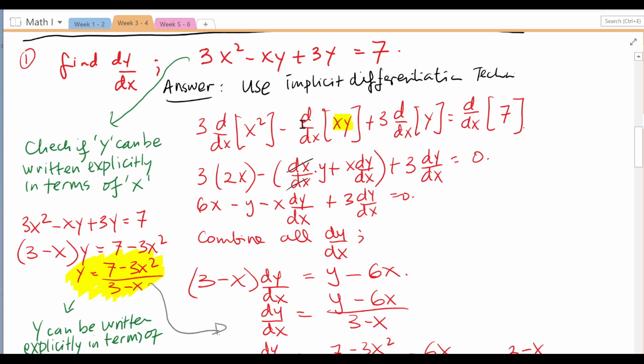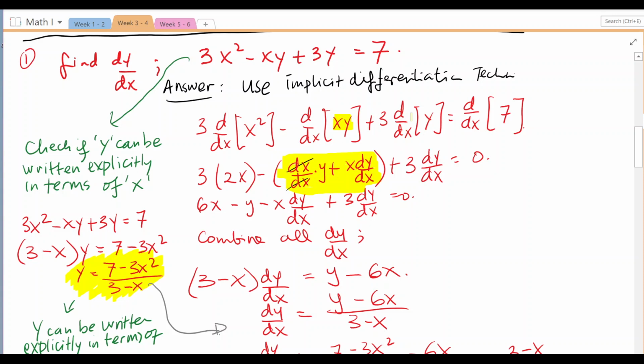6x. And then the product rule, we take the derivative of the first term, in this case dx over dx, multiplied by the second term y, plus the derivative of the second term dy dx with respect to x multiplied by x. So as you can see here, everything inside these brackets is actually an expansion or product rule between the multiplication of x and y.